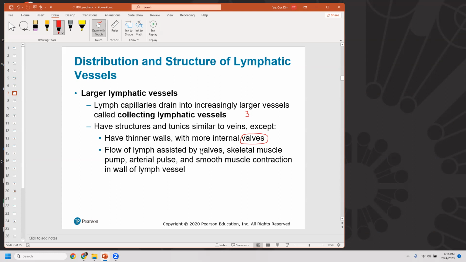With the blood vessels, what drives the movement of blood through arteries? What drives it? You'll need to know this for your exam.